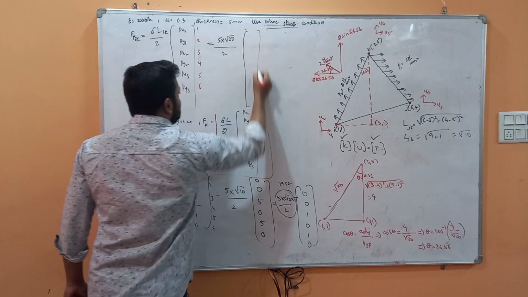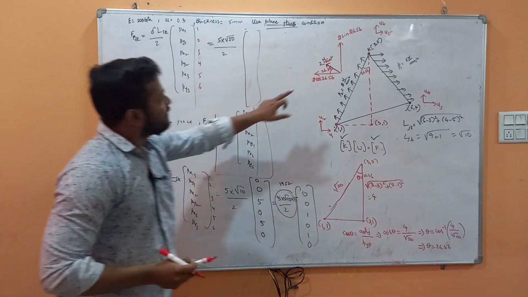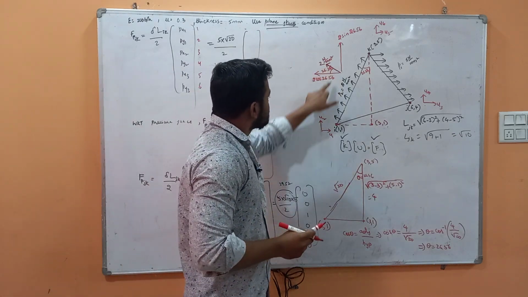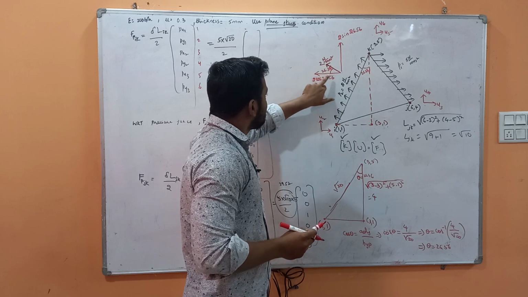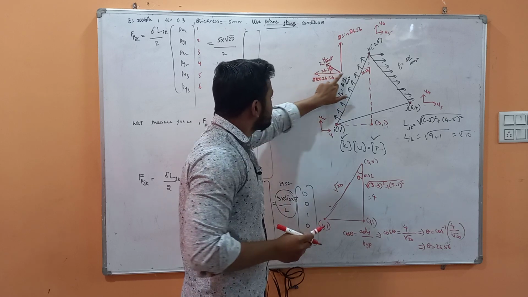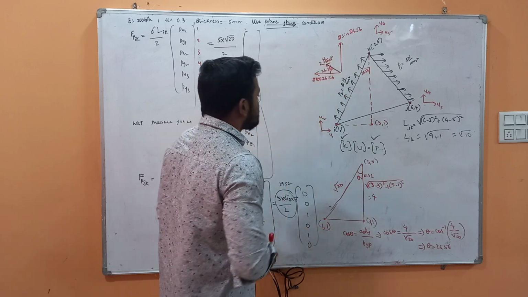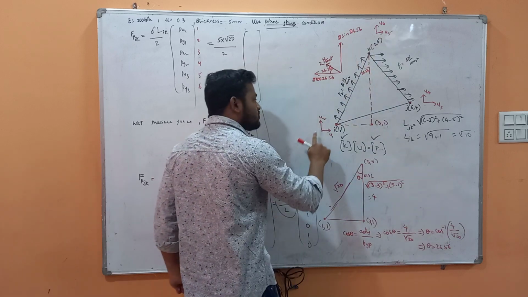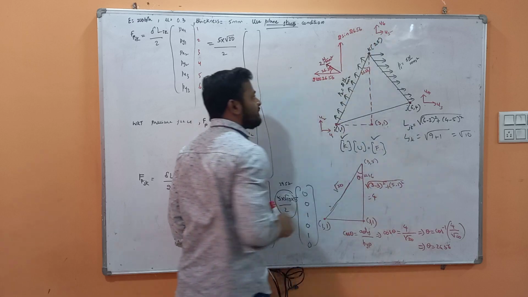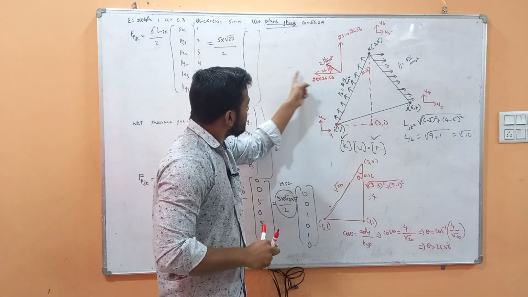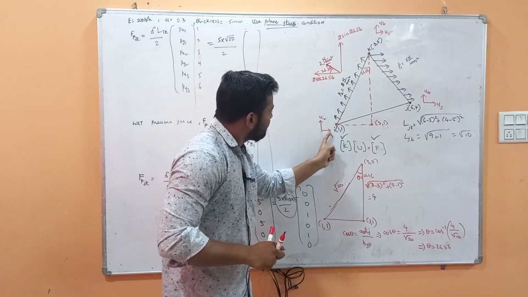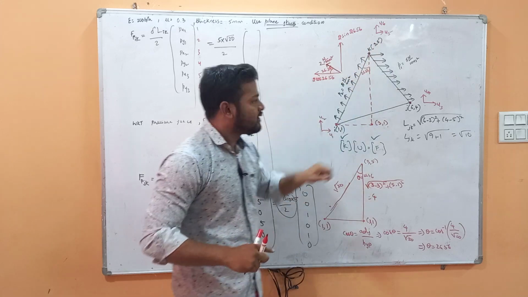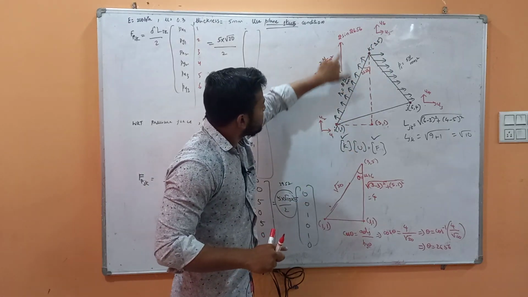Now let's see how this force is affecting. This force is in two directions: one in the leftward direction, one in the upward direction. So it is going to affect U1, U5 and also U2 and U6. This force is in the horizontal direction, so it affects the horizontal displacements, and it is also in the upward direction.